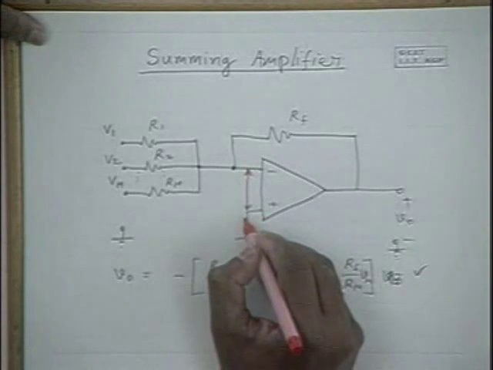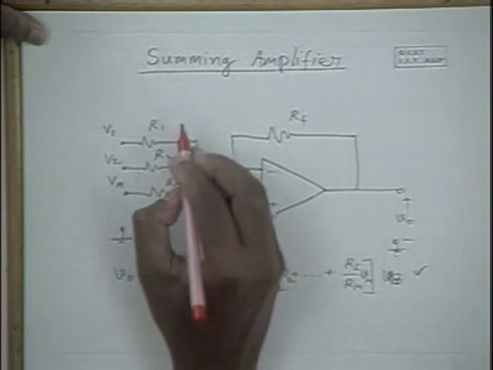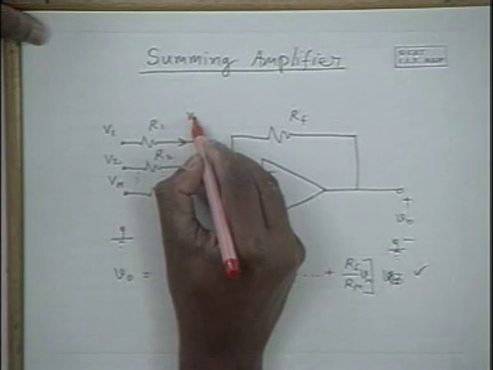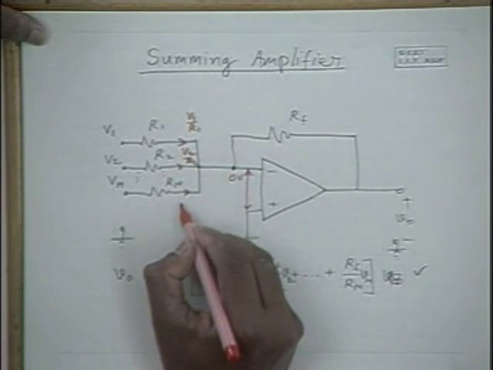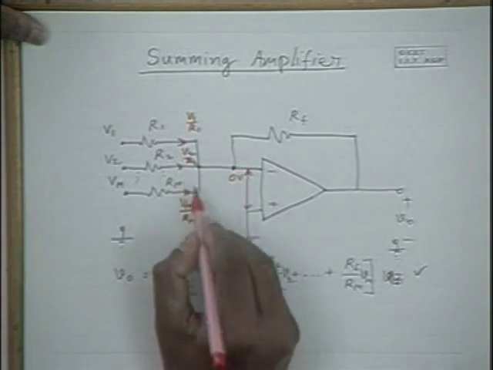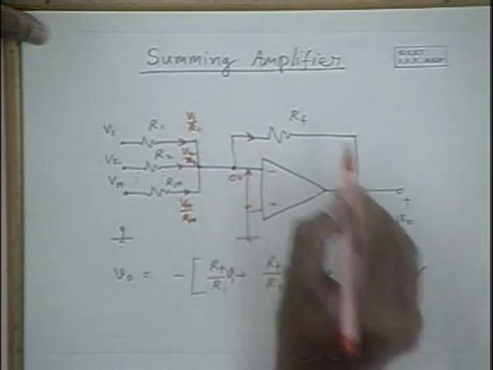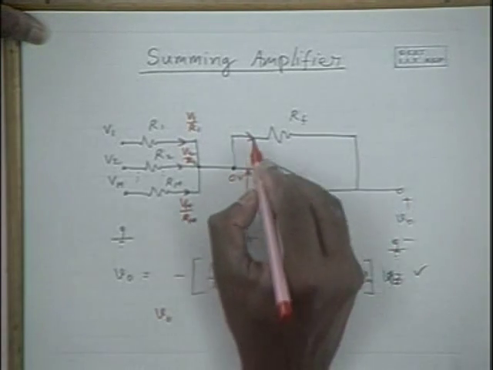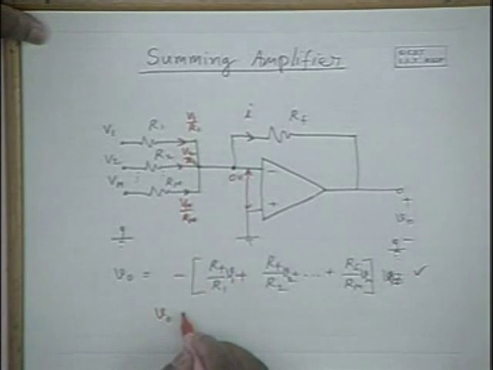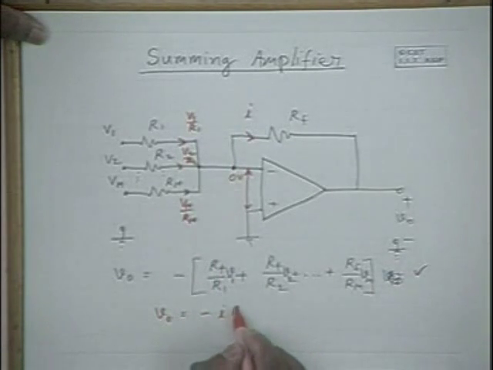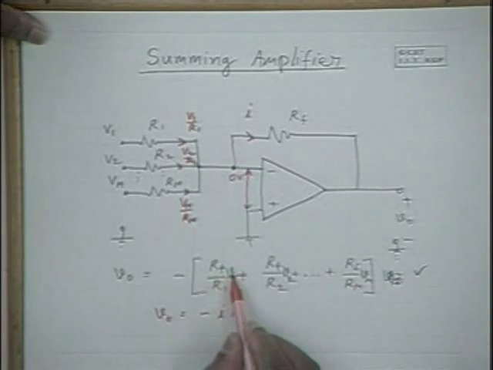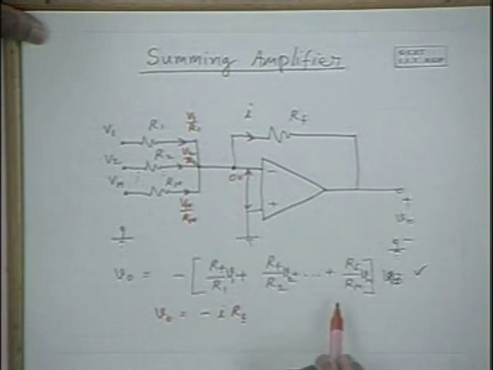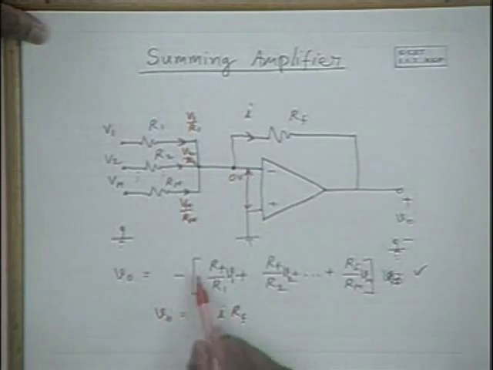By virtual short, since this side is 0 volts, this is also at 0 volts, and this current is V1 by R1, this current is V2 by R2 and so on, and this is Vm by Rm, and all these currents put together flow through Rf, and V0 is minus I into Rf, where I is the sum current, and I is V1 by R1, V2 by R2, Vm by Rm, etc. Hence, this expression can be obtained from this.